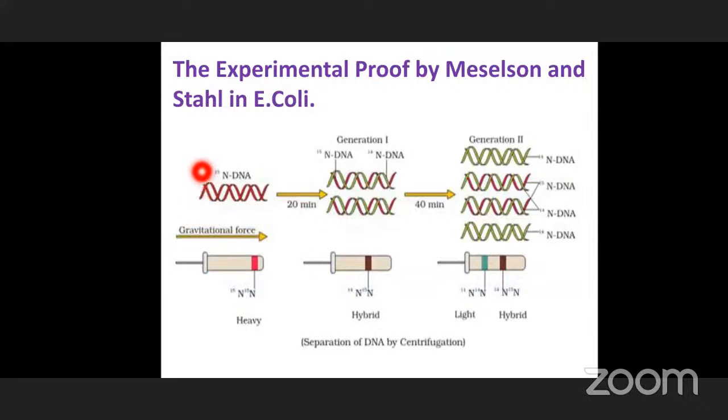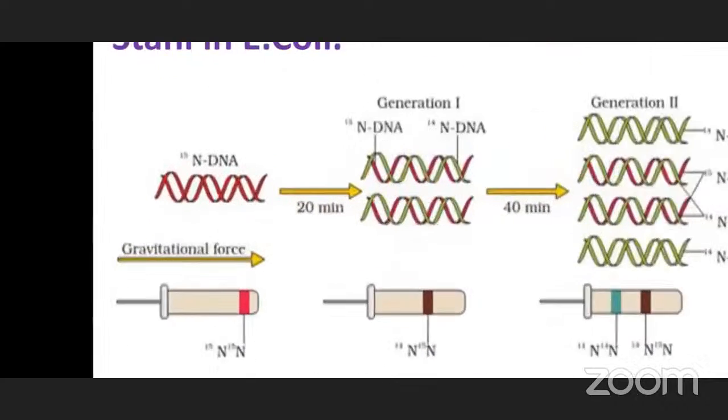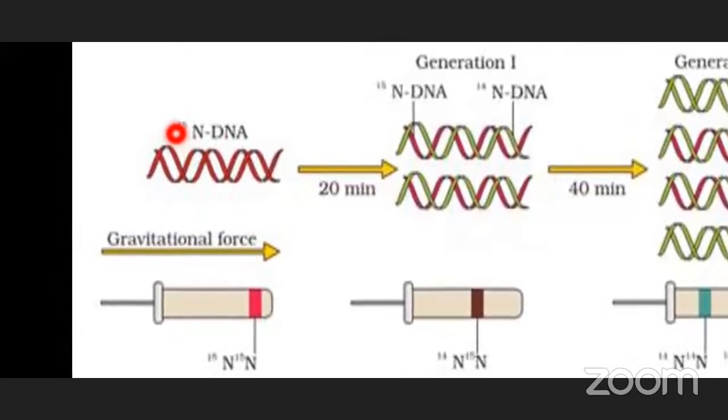So E. coli cells are cultivated in the medium containing ammonium chloride, NH4Cl, with the heavy isotope N15. It is the heavy isotope of nitrogen. Next, these cells are centrifuged with the help of cesium chloride to identify the heavy DNA molecule. Then these E. coli cells are transferred into normal medium with normal N14 nitrogen.